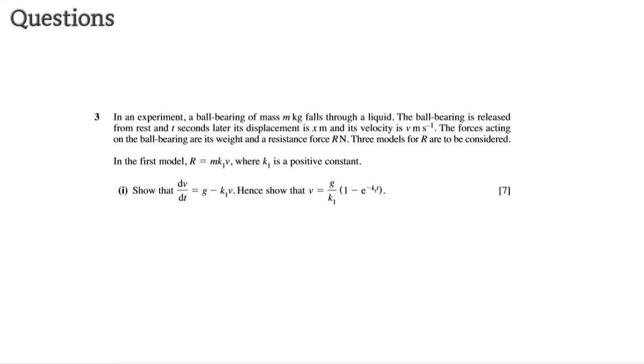Well, turns out I'm pretty silly because it's a show-that, so there isn't a solution to find. The solution is given anyway, so you can just work on aiming towards getting v equals g on k1 times 1 take e to the minus k1 t.